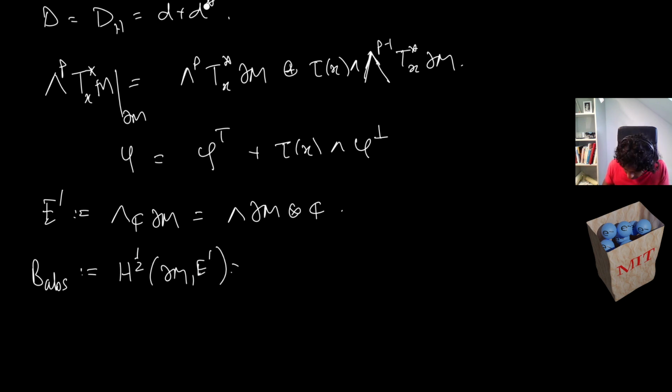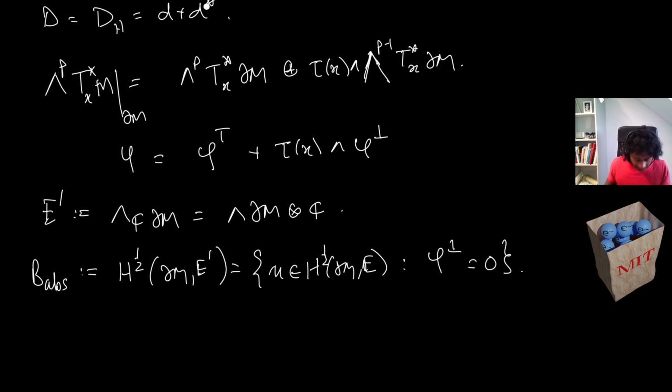And what is this? This is exactly equal to U in H half of M, E, such that the normal part is 0. So these are called the absolute boundary conditions.